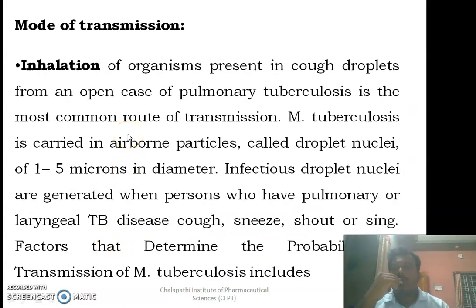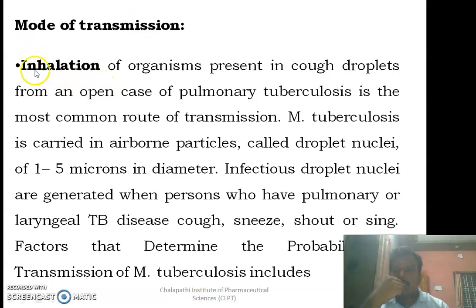Coming to the mode of transmission, the most common mode of transmission of tuberculosis from one person to another is inhalation. We already said this is a communicable disease which spreads from one person to another.